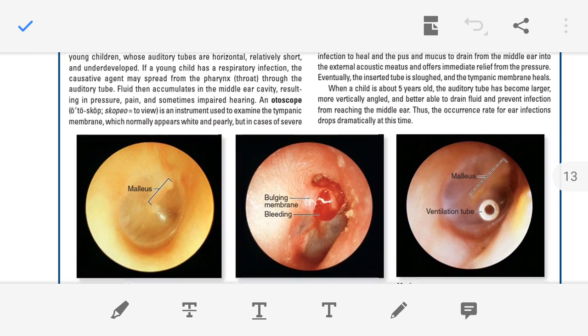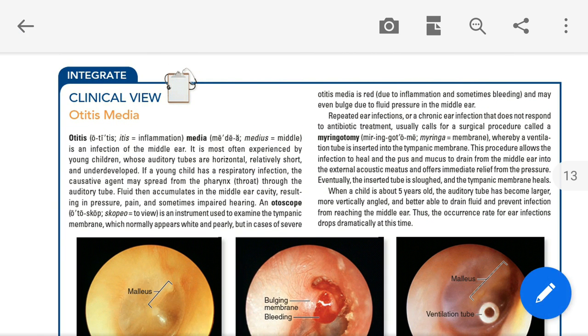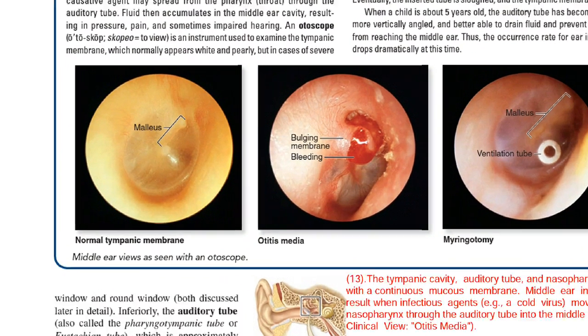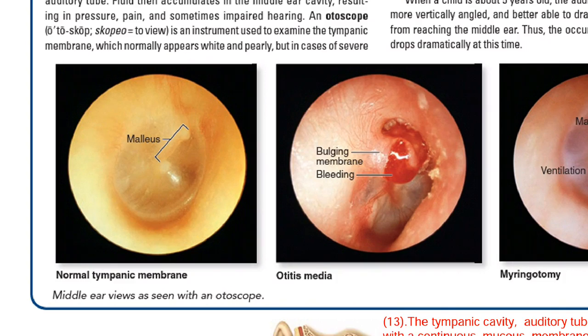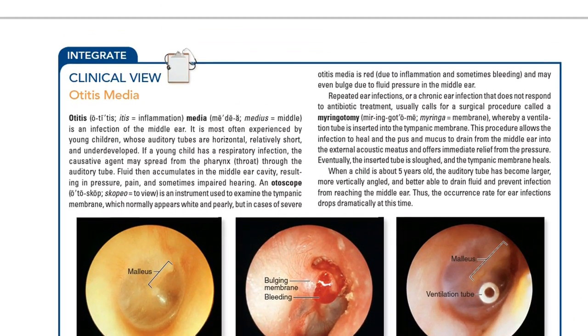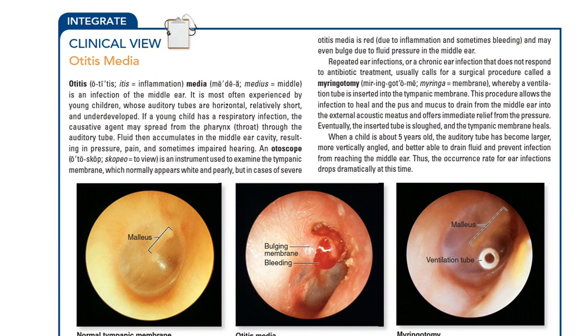So here, a clinical view is given, and just in case you are interested to learn about this disease of the middle ear or the tympanic membrane, you can read these two paragraphs. But in case you are preparing for medical entrance, this is not in your syllabus.